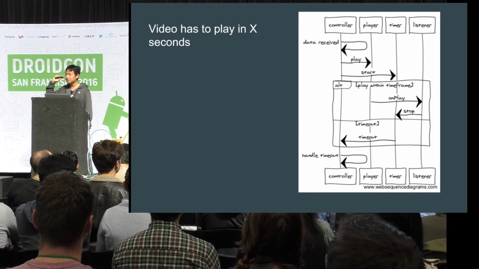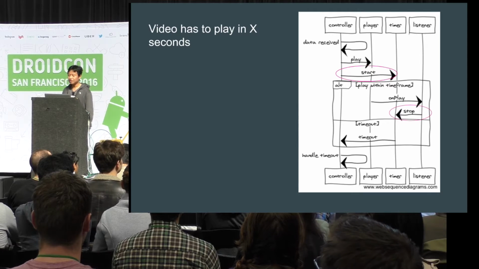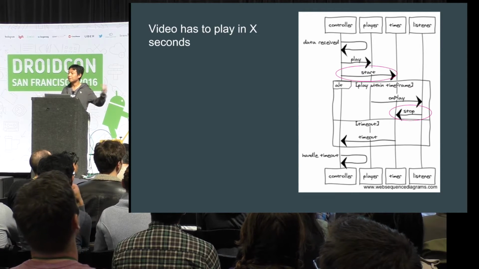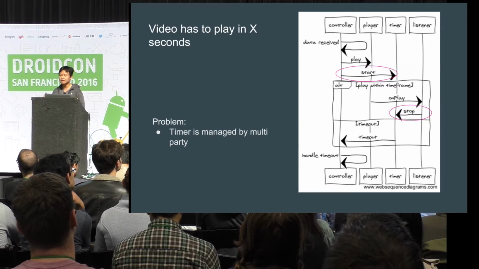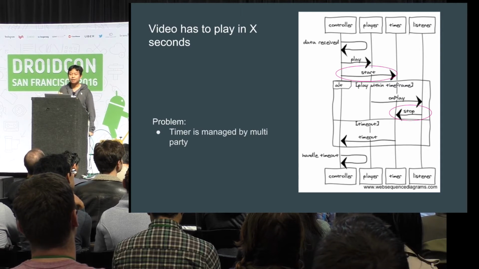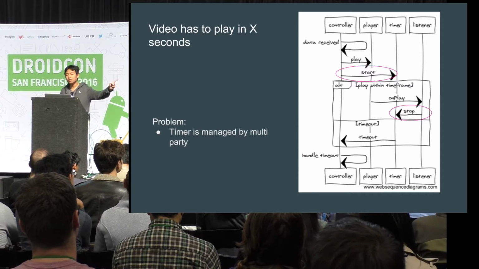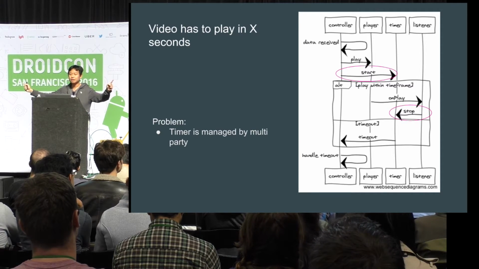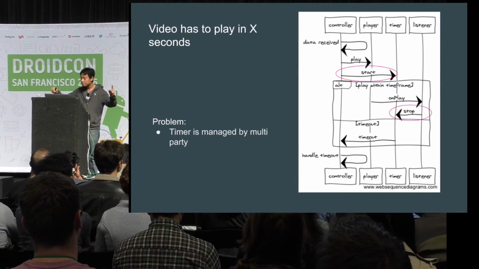So what's the problem with this diagram? Okay, so the problem is, again, start and stop. The problem here is the timer is managed by two parties, which is the controller and the listener.